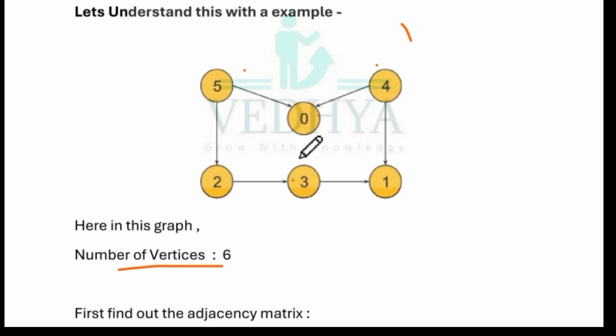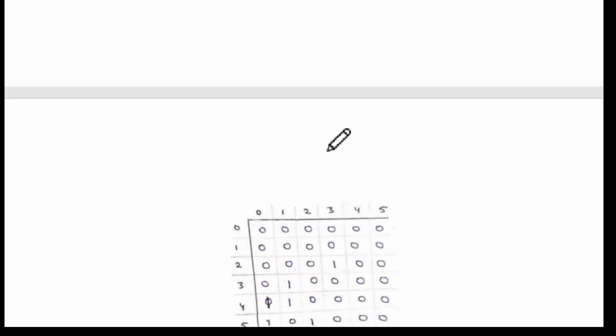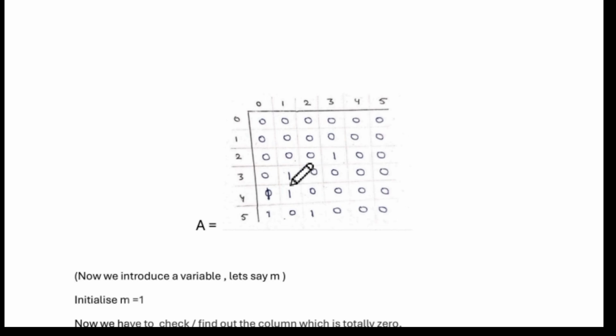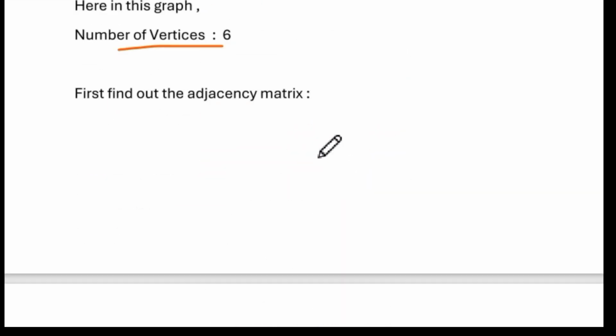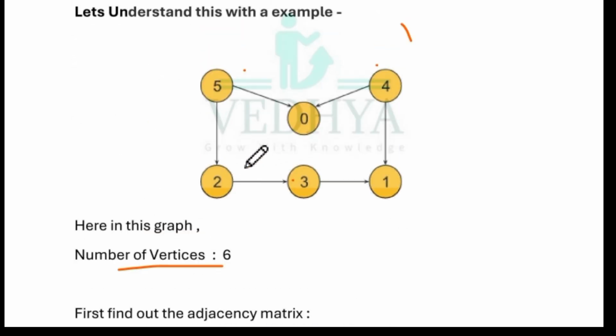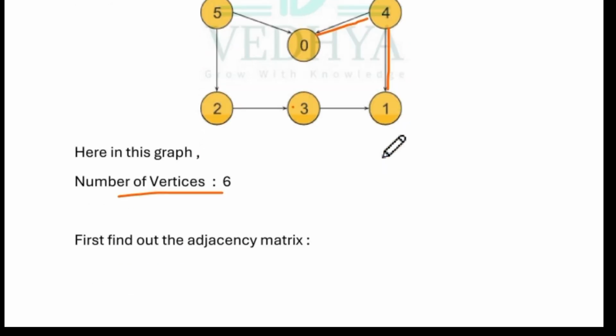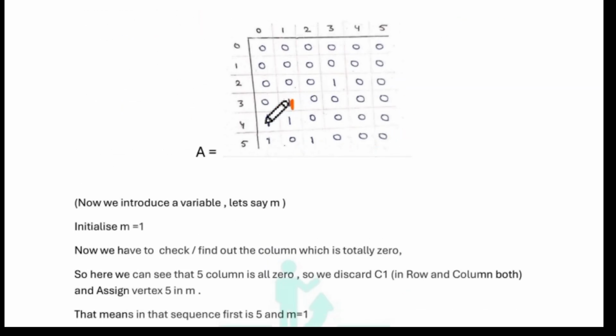Then vertex 3 is connected to 1, so 3 to 1 is 1 and the rest are 0. In vertex 4, only 4 to 0 and 4 to 1 are connected, so those are 1 and the rest are 0.